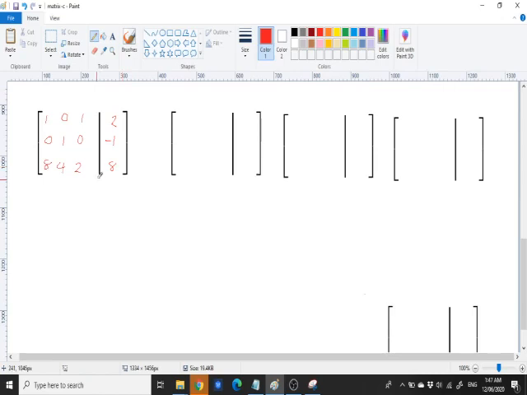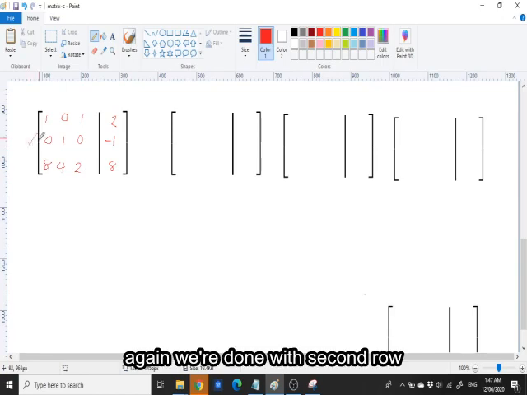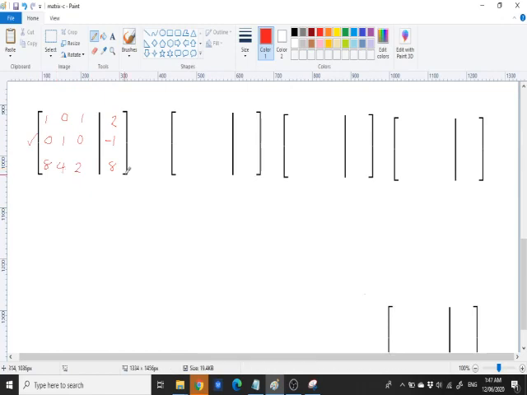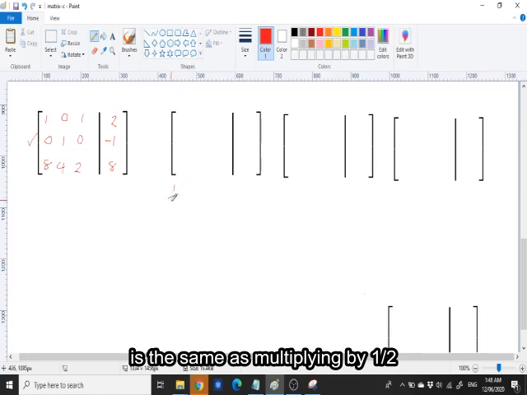Okay, so just now, again, we're done with the second row. So what we're going to do is, because we aim for this to be 1, we're going to divide all the entries of the third row by 2 for this to be 1. Right, so divide, or it's the same as multiplying by 1/2.